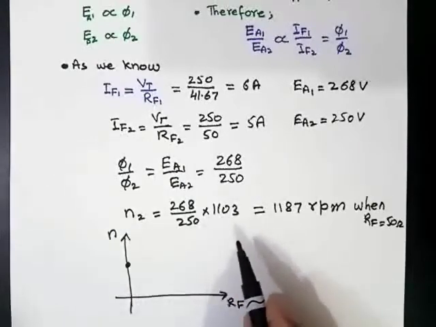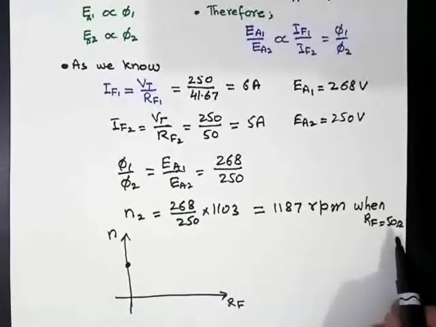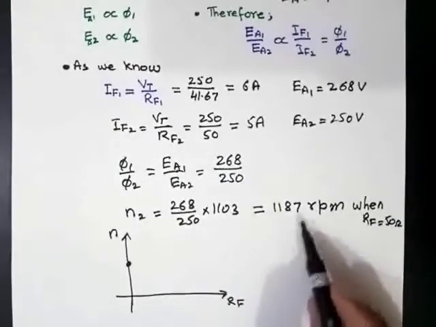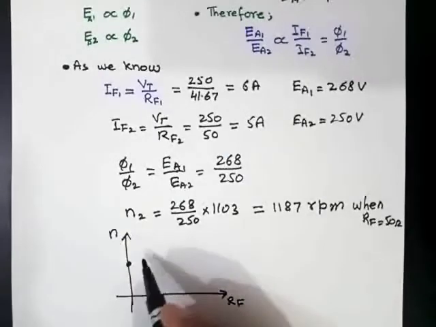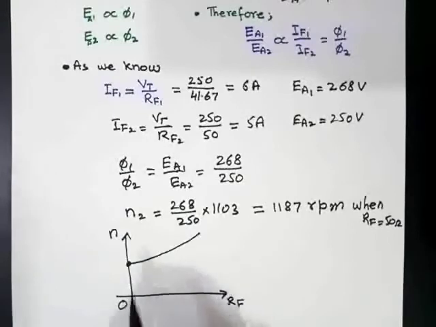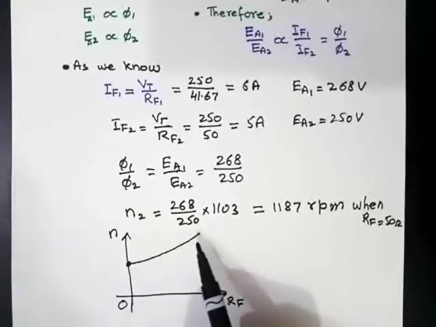Now when the field resistance is equal to 50 ohm, then the speed of the DC shunt motor is now 1187 revolution per minute. It means the speed is increasing. This is the plot between field resistance and the speed in revolution per minute. When we increase the field resistance, then the speed of the DC shunt motor is increasing as well.